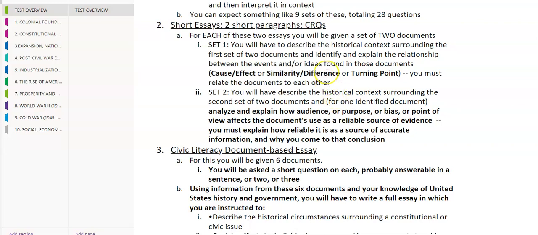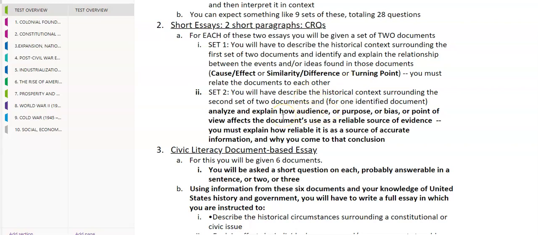And then, for set one, you must talk about the relationship between them and make reference to both in doing that, and identify clearly, is it cause and effect, similarity or difference, or a turning point in history. In set two, they will point out one of those two documents.